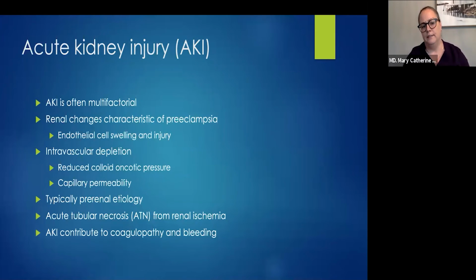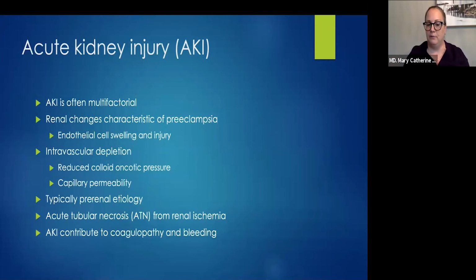And also, as you all know, while the patient may appear edematous and even have pulmonary edema, they could be intravascularly depleted because of reduced colloid oncotic pressure. So that protein pressure that generally tends to bring fluid into the vascular system is reduced, and also there is increased capillary permeability, so leaky capillaries, that cause a lot of the fluid that we give the patient to sort of leak out.